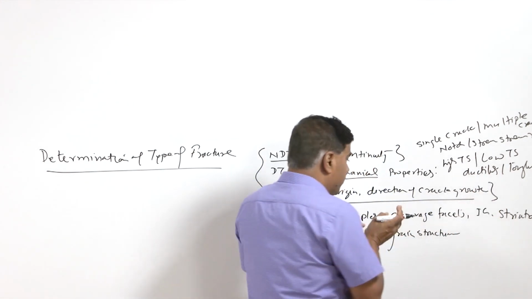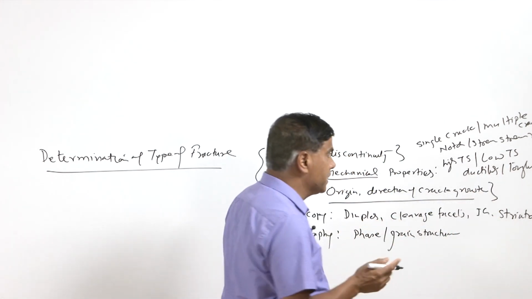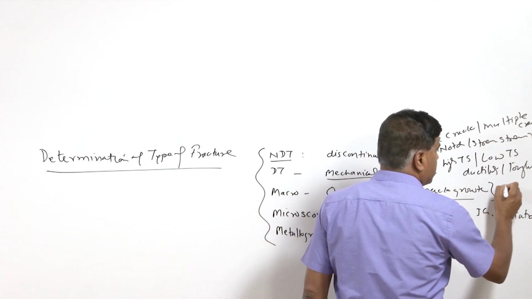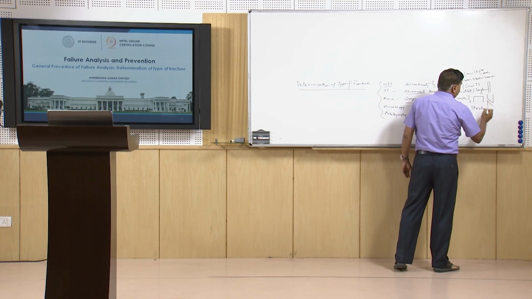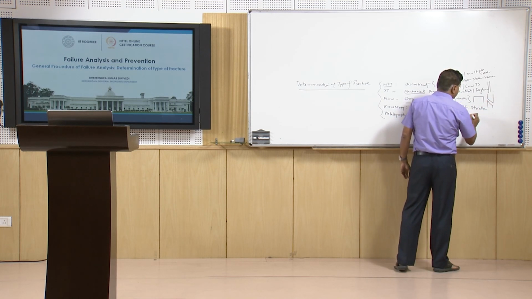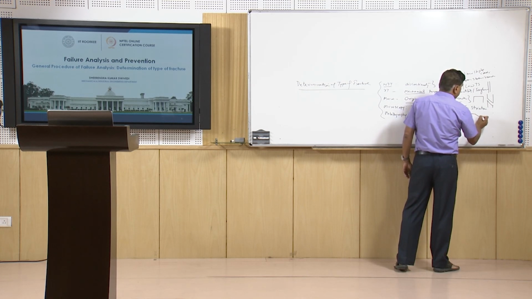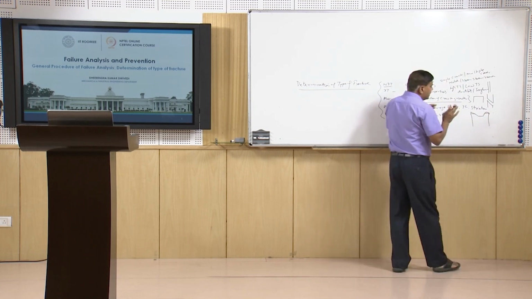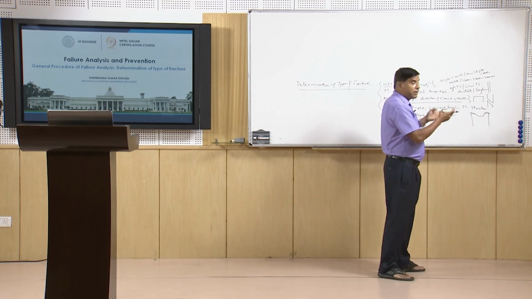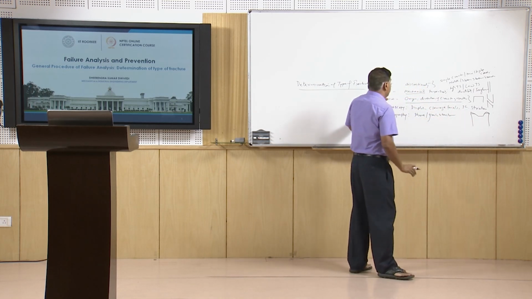The kind of fracture surface which has been created: if the fracture surface is flat, or it is showing a shear fracture like this, or it is showing a cup and cone kind of fracture like this. So this will also indicate the kind of fracture.